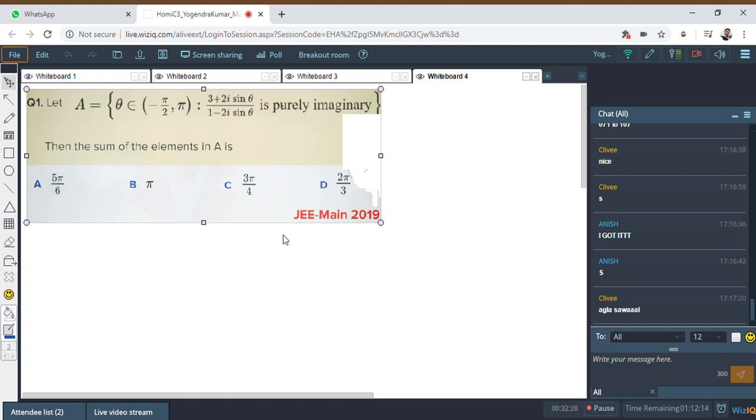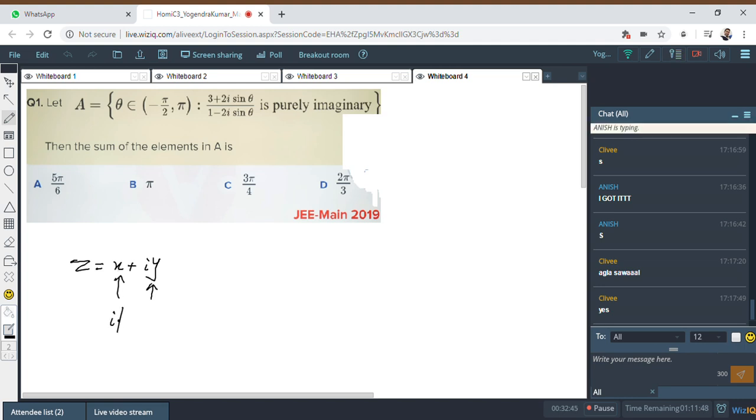Do you understand purely imaginary and all? Let me explain if you want. Purely imaginary means, if there is a complex number x plus iy, this is the real part of z and this is the imaginary part of z, correct? Iota is there, so the imaginary part is y and the real part is x. If the real part of z is equal to 0, then it is called purely imaginary. If x is 0, then it is purely imaginary.